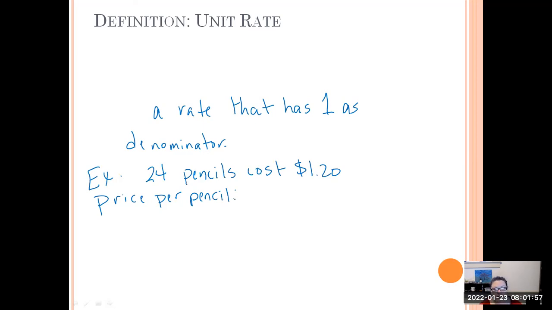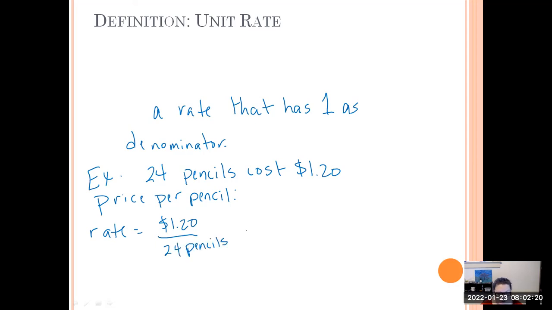That means the price is in the numerator per the number of pencils for the rate. So it would be $1.20 for 24 pencils.